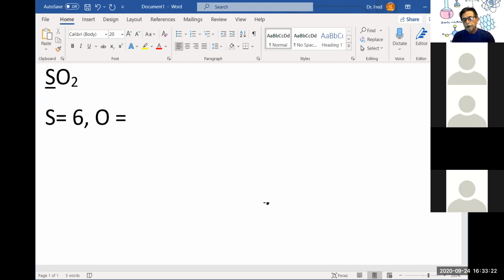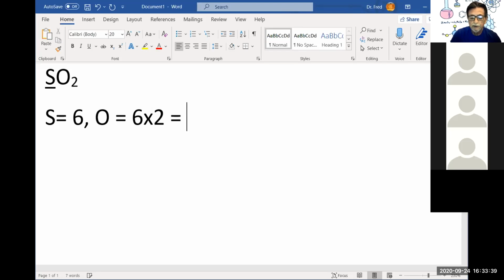Okay. And so oxygen is also in group 6, correct? So being in group 6, it brings 6 valence electrons, but we have 2 of them. Okay, and so it brings into the whole molecule 12 valence electrons.